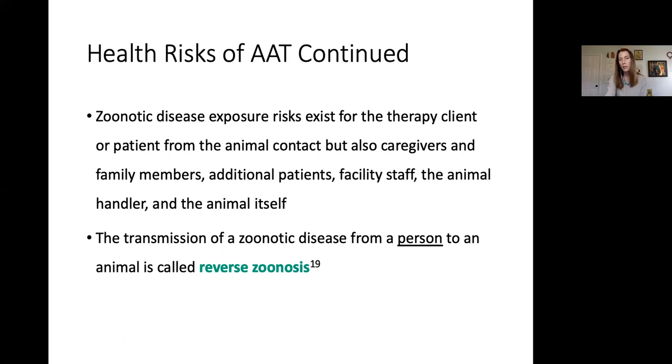So it's really hard to look for that direction of transmission. Sometimes we can do some trace backs and figure it out, but a lot of times we aren't going to be able to point the blame where it went. And maybe it doesn't even matter, because we want to be just as vigilant at protecting our therapy animals from infection as we want to protect our patients.